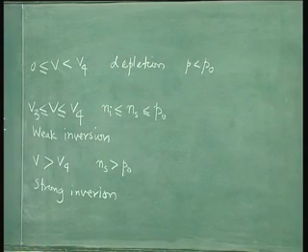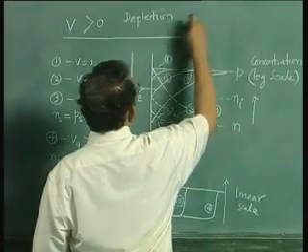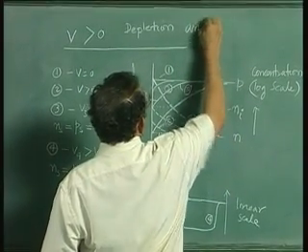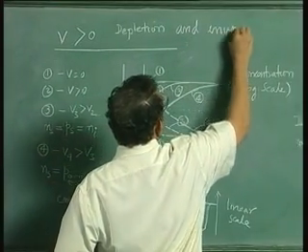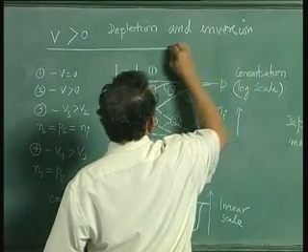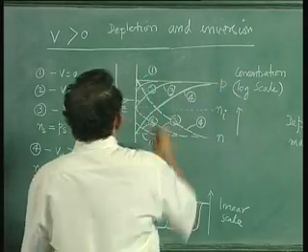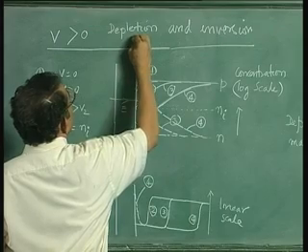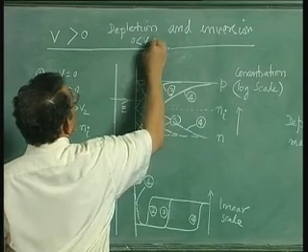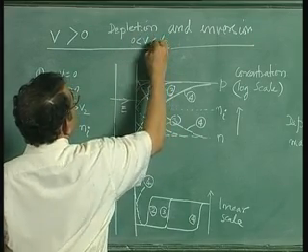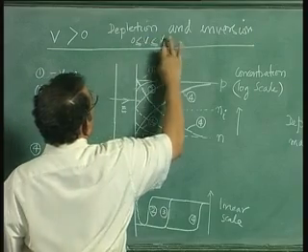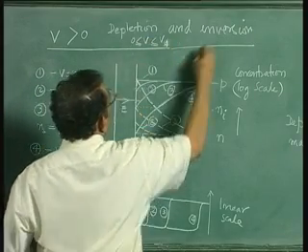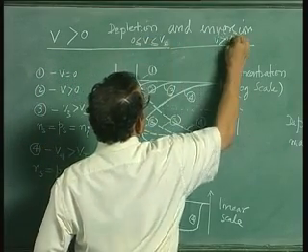Okay, so you have V greater than 0, depletion and inversion. So the depletion is for V less than V4, and inversion is for V greater than V4.